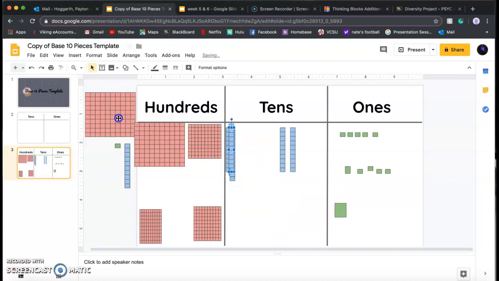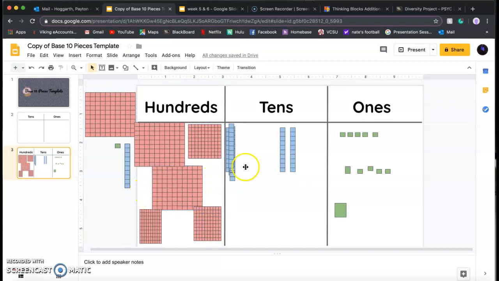And then I'm going to add 100s to this, because 10 10s make 1 100. So now I have 2 10s left over, and I have 1 1s left over. So right now I have 5 100s, 2 10s, and 1 1. That equals 521.